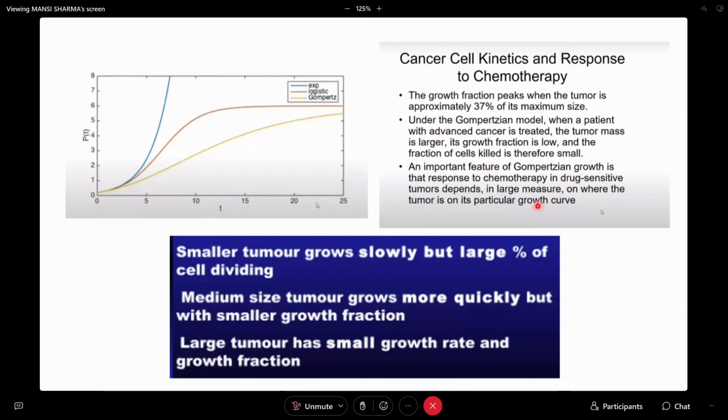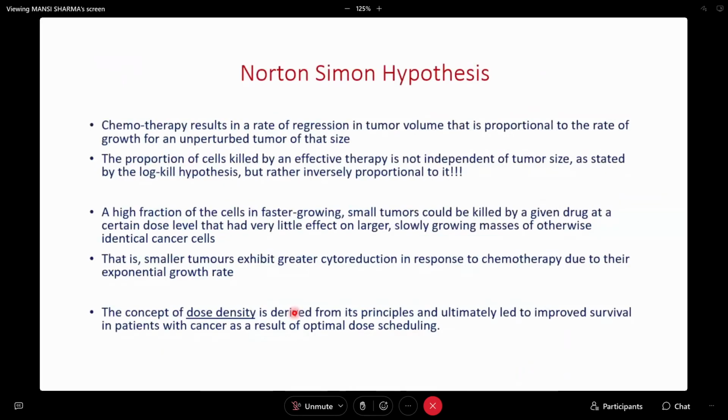The response to chemotherapy in a tumor depends in large measure on where the tumor is on its particular growth curve. So the smaller tumor will grow slowly, but a large percentage of cells are dividing, hence chemotherapy works well. A medium-sized tumor grows more quickly, but with a smaller growth fraction, and a large tumor has a small growth rate and a small growth fraction.